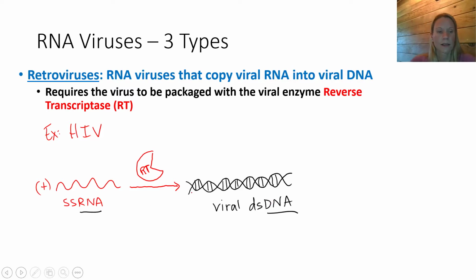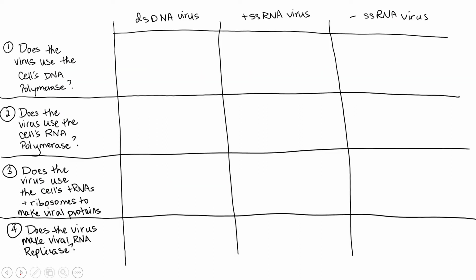Now, let's think about comparing these RNA viruses with double-stranded DNA from the last lecture. Go through each one of these questions and think about what the answers would be.